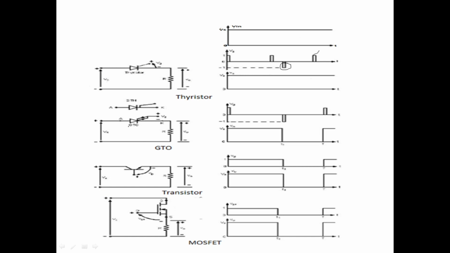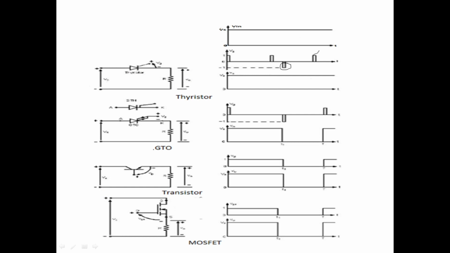Circuits like the GTO, gate turn off thyristor. Here I said it is not possible to turn off a thyristor using a gate terminal. So that disadvantage is rectified here, in the sense that the disadvantage is removed here.